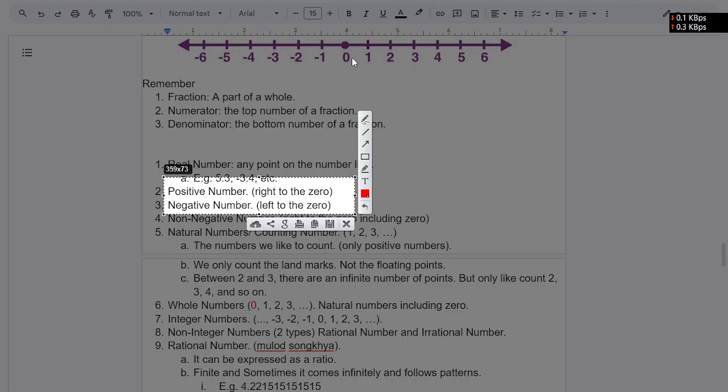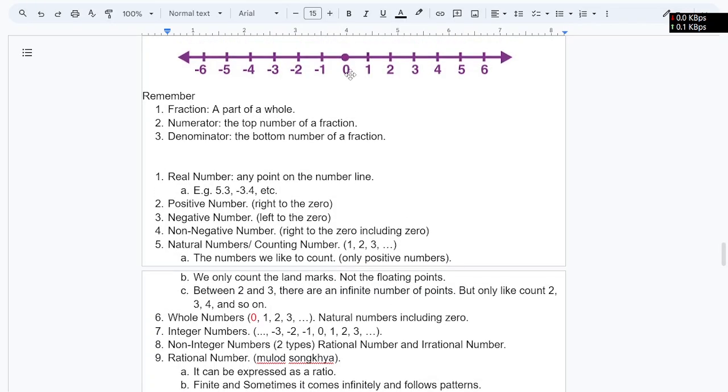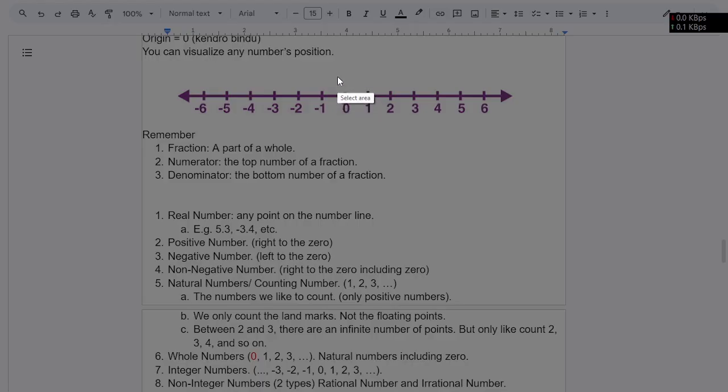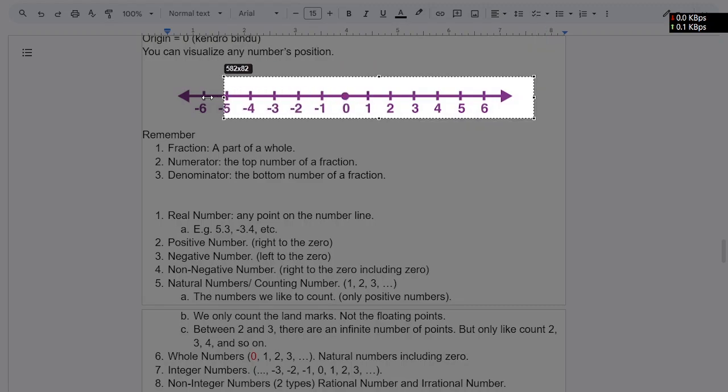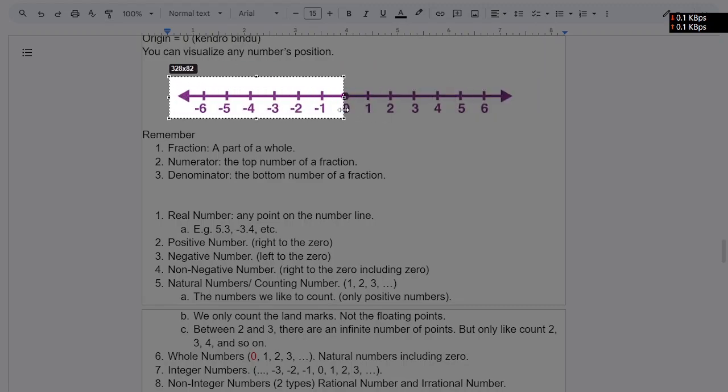Positive numbers are on the right side of 0. All of the numbers greater than 0 are positive numbers, and negative numbers are all of the numbers less than 0.